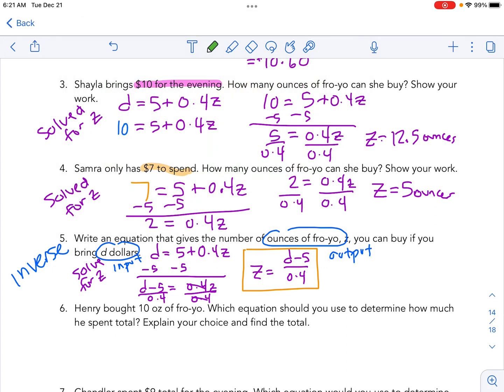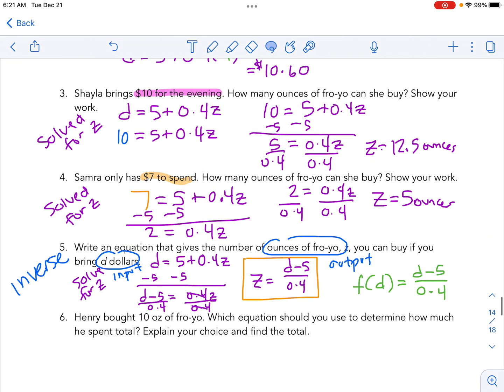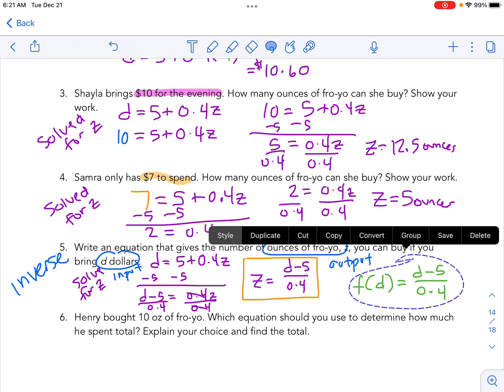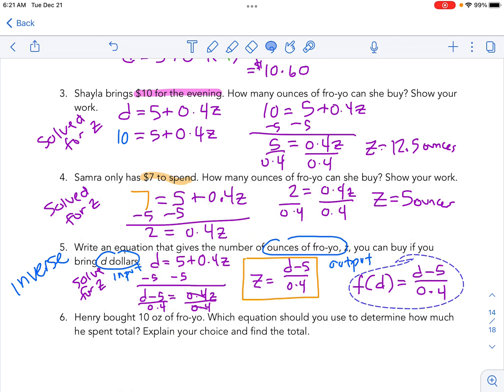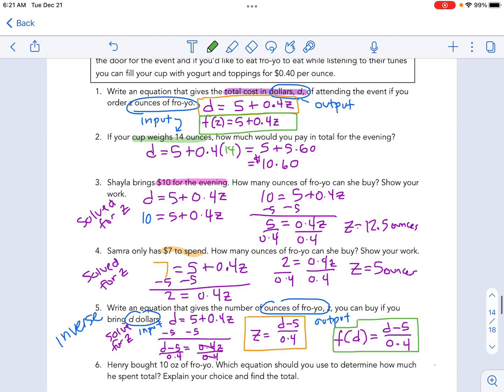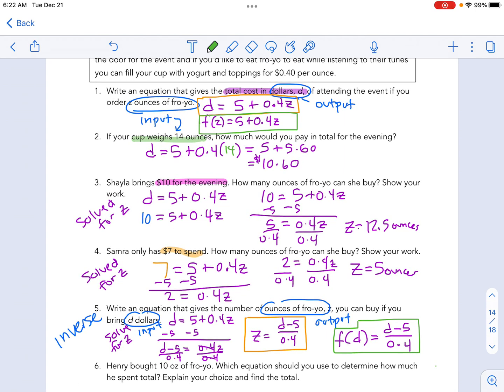So this new inverse, we could write that in function notation as well, and it would be F of D, because now our input is dollars, is D minus 5 over 0.4. So that is, oh, I used the wrong color. Hold on. I'm trying to color code things. Let's make this purple, and then I want to outline it in green. So this is now our inverse function, and it's solving for the other variable.